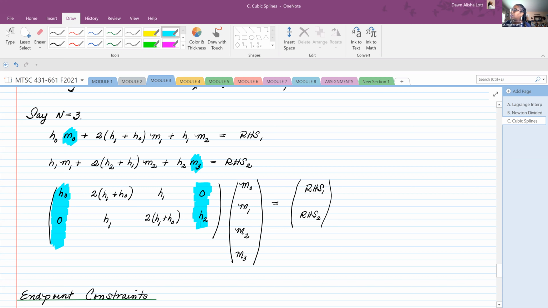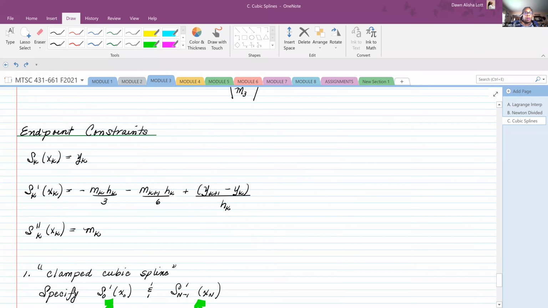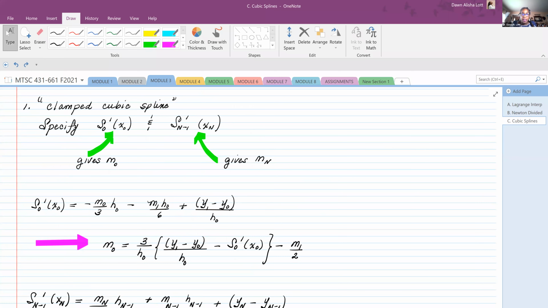So now I end up with a 2 by 2 system of equations, and I have just those unknowns. Okay. So that's what you do if you have a clamped cubic spline.